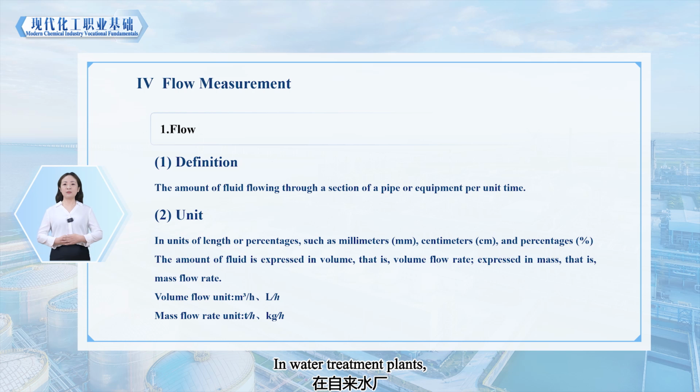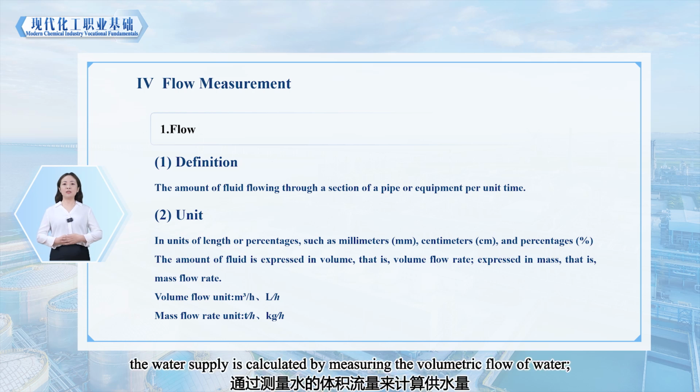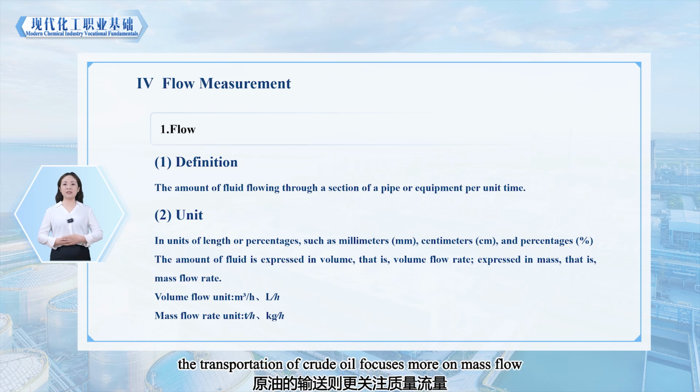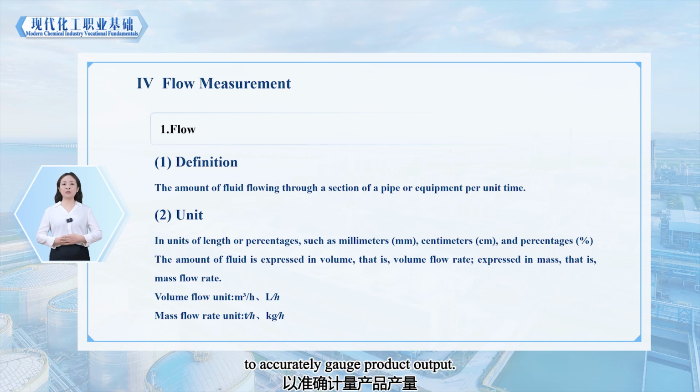In water treatment plants, the water supply is calculated by measuring the volumetric flow of water. In petrochemical enterprises, the transportation of crude oil focuses more on mass flow to accurately gauge product output.